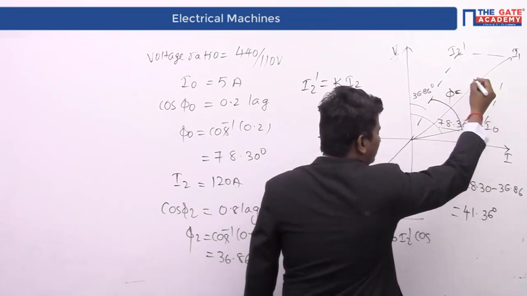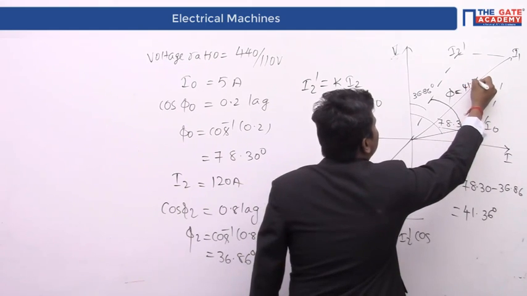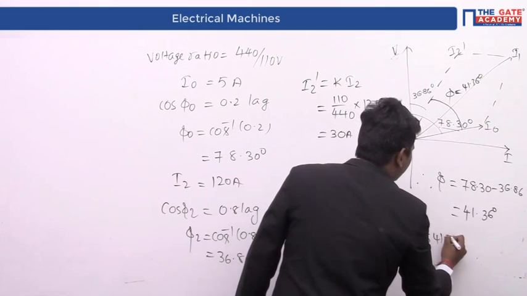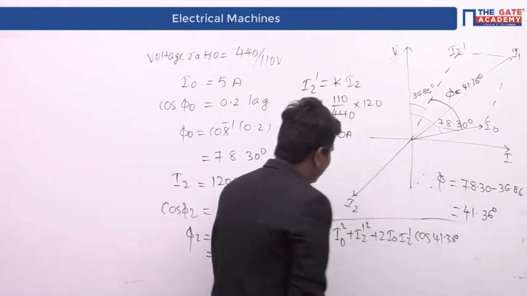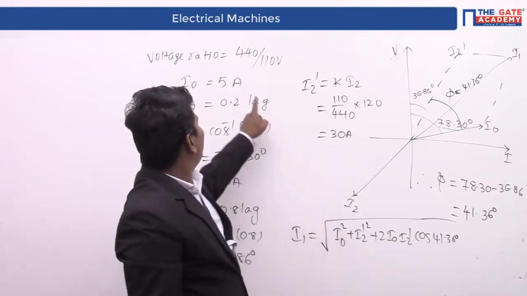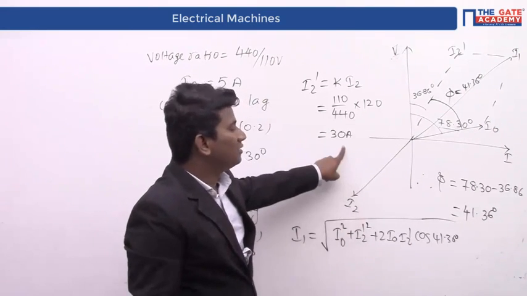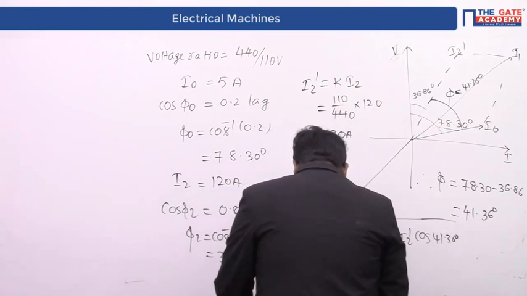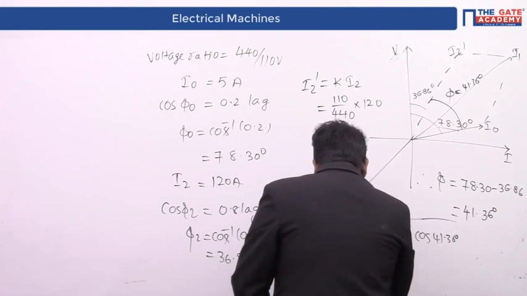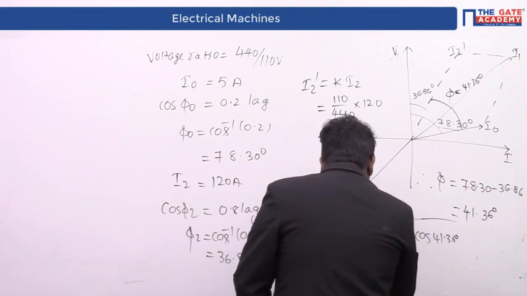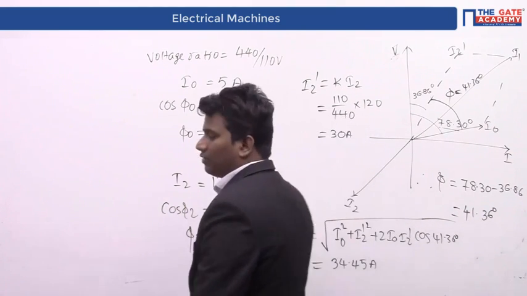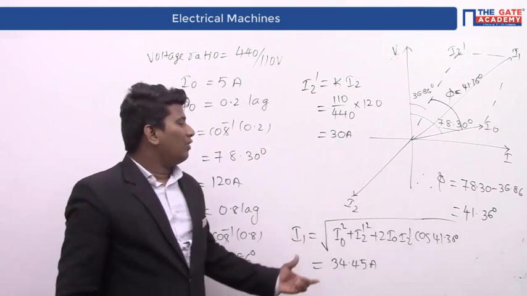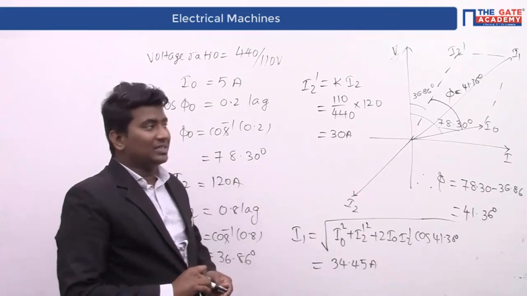We got phi is equal to 41.36 degrees. What is your I0? 5 amperes. What is your I2 dash? 30 amperes. So if you substitute these values, the resultant value you get is 34.45 amperes.